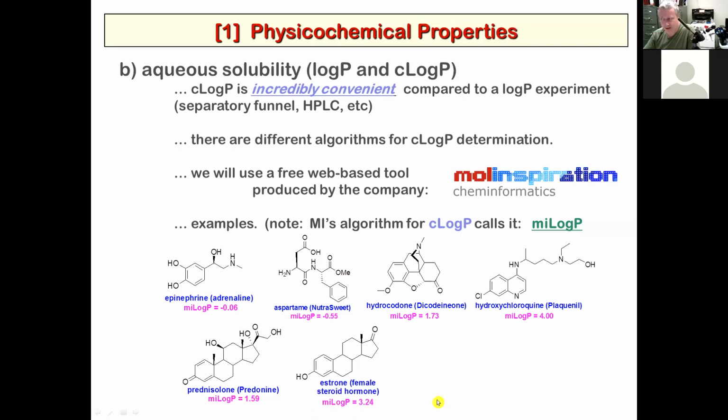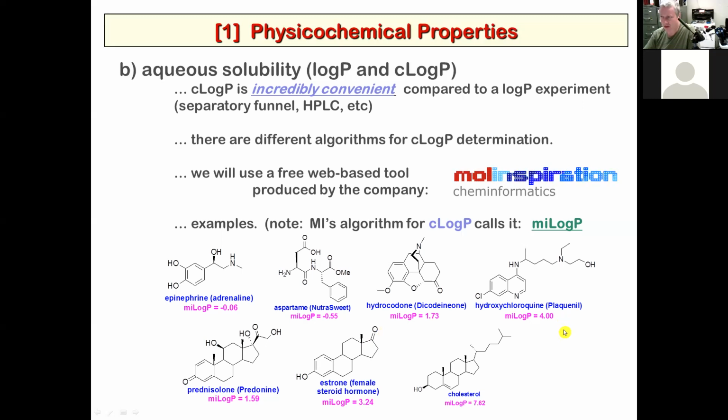And then we have maybe a more traditional steroid, estrone, a female steroid hormone. It's still kind of low for being a steroid, and that's due to the alcohol, the phenol, and the ketone.